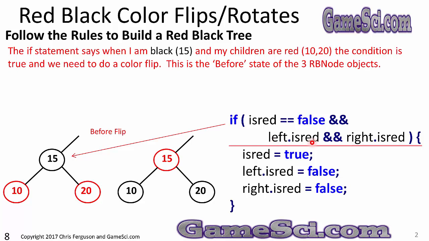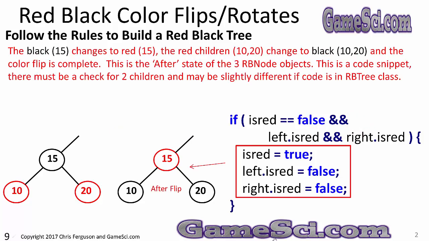Current node 15 is not red. The two children are red. I've got a black parent with two red children. When that happens, I need to color flip all three. After the flip, this is the color of the nodes. I'll go to 15 and say your isRed flag is true. Turn 15 to a red node. I'll go to the left child and say your isRed flag is false.